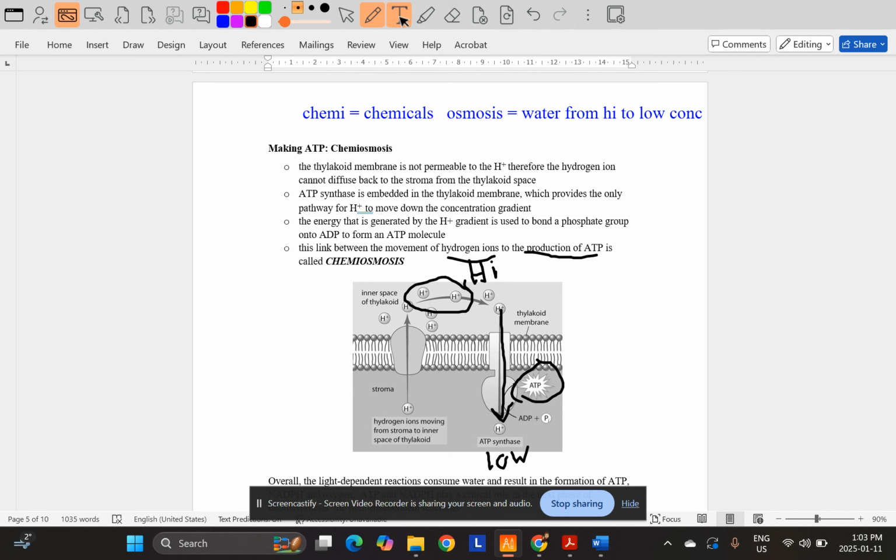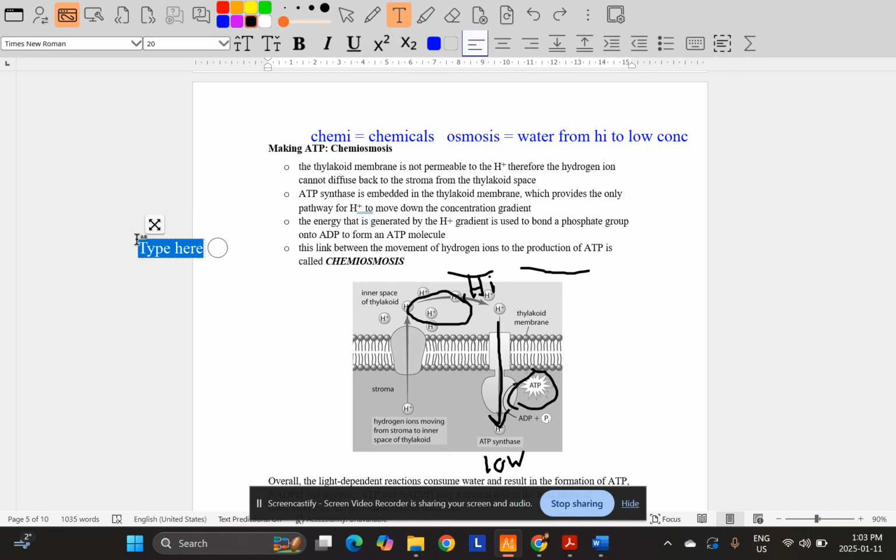And so a reminder of where we're at now, what products have we made so far? Well, we made oxygen, and that's just gonna skedaddle. It's gonna go through a stomata, out the leaf, out to the environment. So that's a major product.